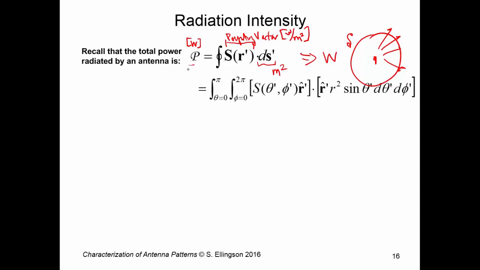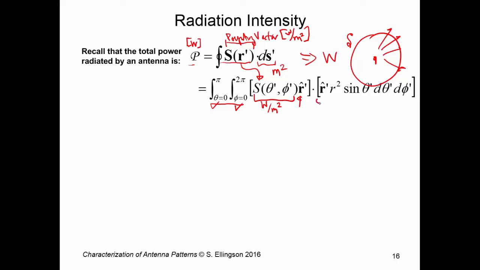If we write that out a little bit more formally, we can show this as an integral over a spherical surface, in which theta goes from 0 to pi, phi goes from 0 to 2 pi. We can replace the Poynting vector here with a slightly expanded notation where we show explicitly how many watts per meter squared are flowing through a certain point, theta prime, phi prime, and the radial vector, which shows the direction of power flow.